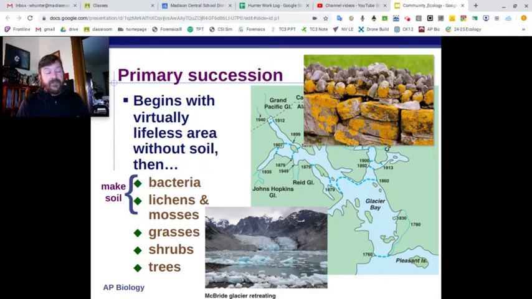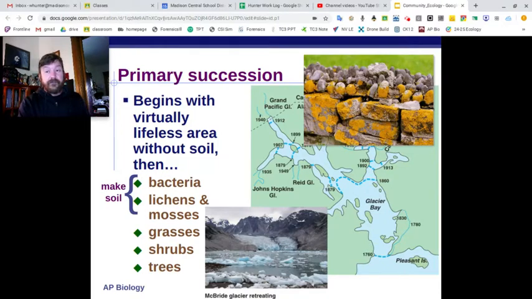Over time, eventually, you'll get enough soil that grasses can start to grow, and then from there, you go slightly higher, you go to shrubs, which can grow in relatively shallow soil, and then eventually, after shrubs have grown for a couple of 100 years, and their leaves have fallen and decomposed, the leaf litter turns into more soil, and eventually the soil becomes deep enough that trees can take root, and then the trees start to grow. So this is an example that's being seen in Glacier Bay, where glacier has been receding, leaving behind bare rock. That is an example of a primary succession.